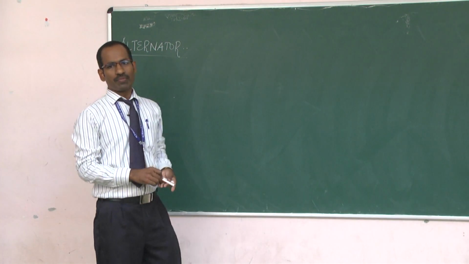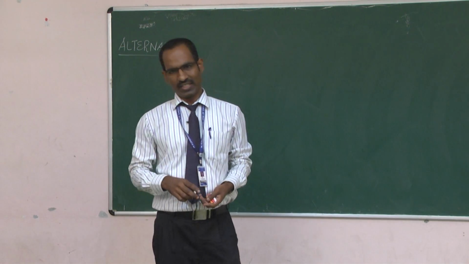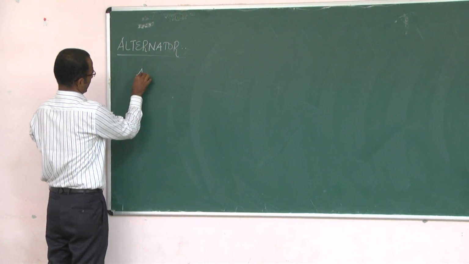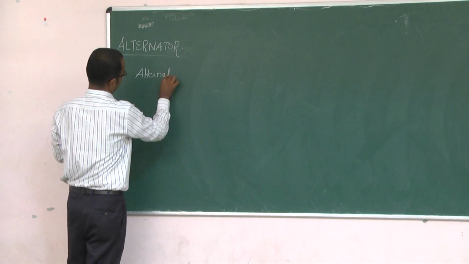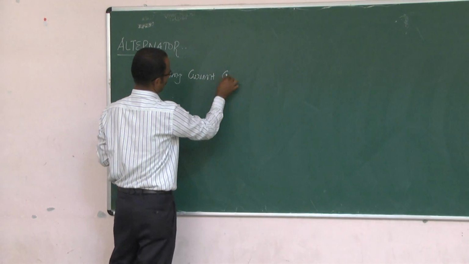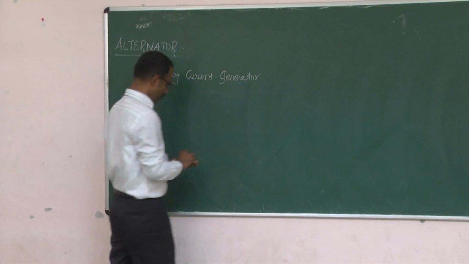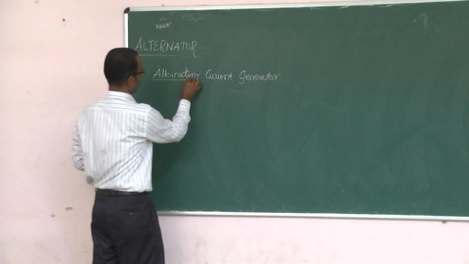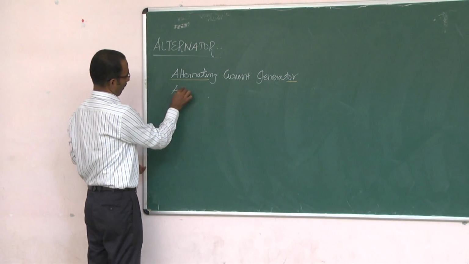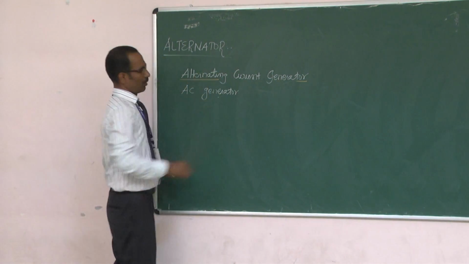So there are a variety of names for the alternator. Alternator is nothing but alternating current generator, or it is called an AC generator. From the alternating current generator, we derived the name alternator.